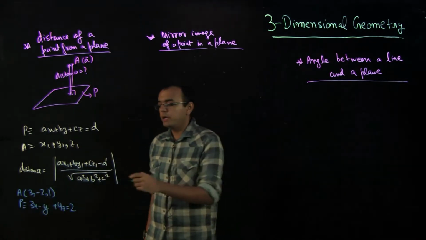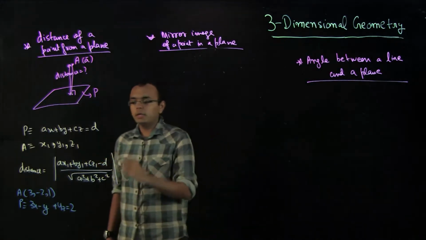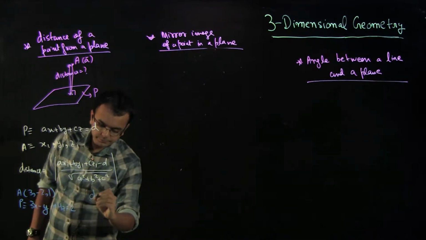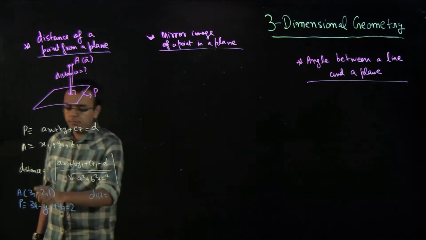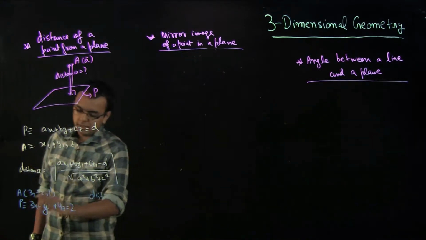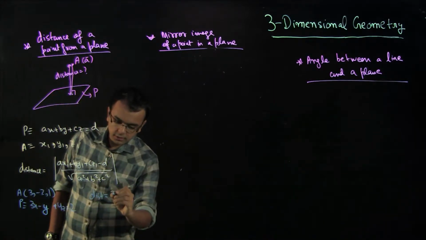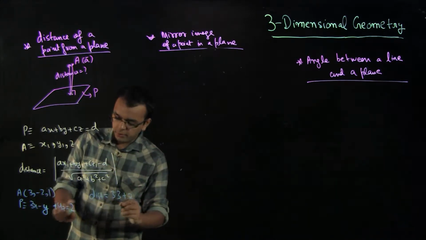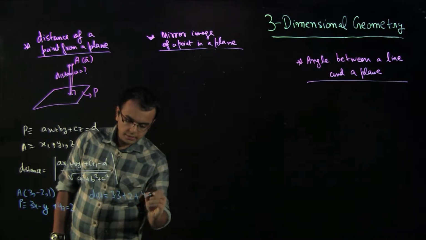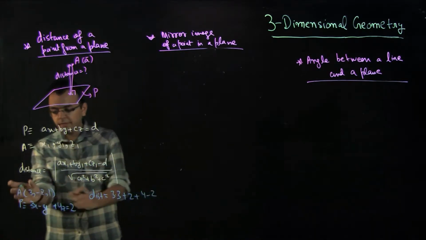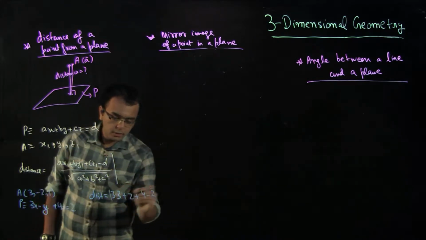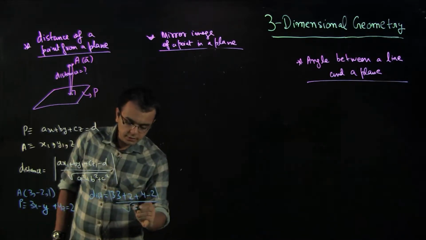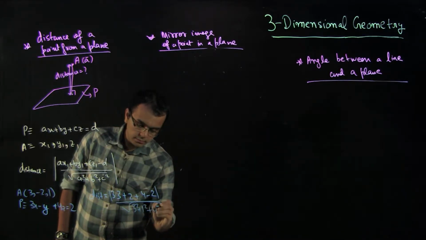We will find the distance of the point A from the plane P. We put the coordinates of the point A in the equation of plane P. So 3 into 3, minus 2 into minus 1 is plus 2, plus 1 into 4, minus 2. Take the mod and divide by root of 3 square plus 1 square plus 4 square.